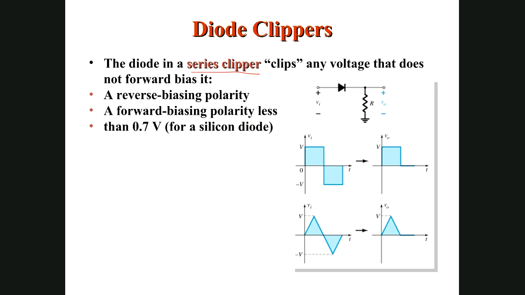In case of a series clipper, as I have told you earlier also, when your diode is in series with the input signal, the circuit is called a series clipper. Another name for the same circuit is a negative clipper, because clipper simply means cutting.